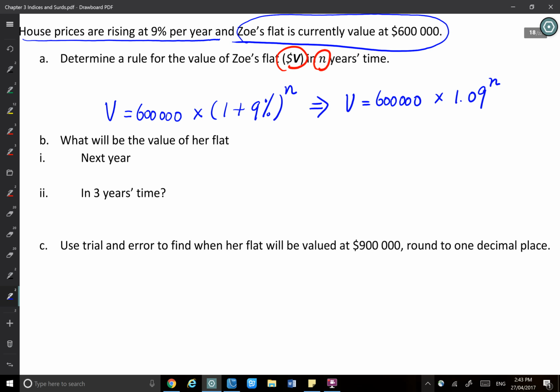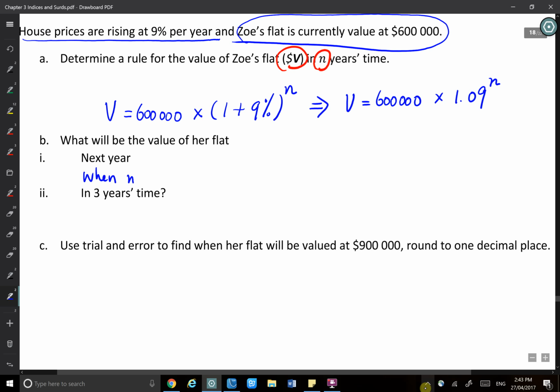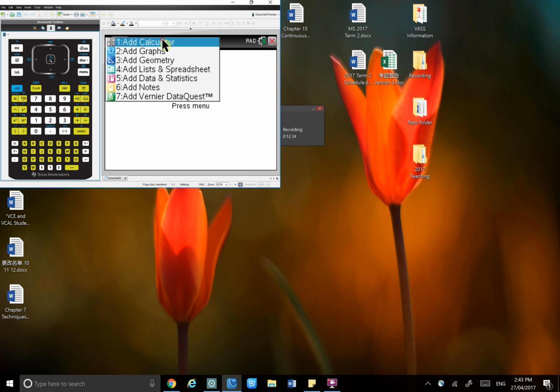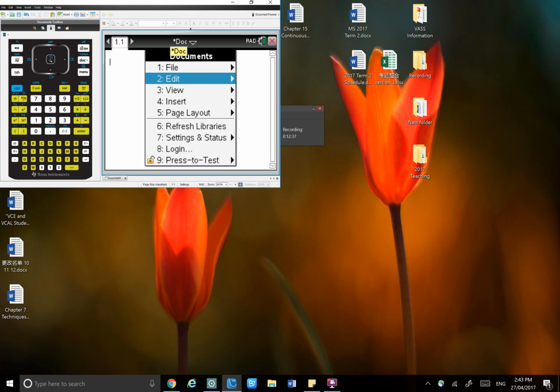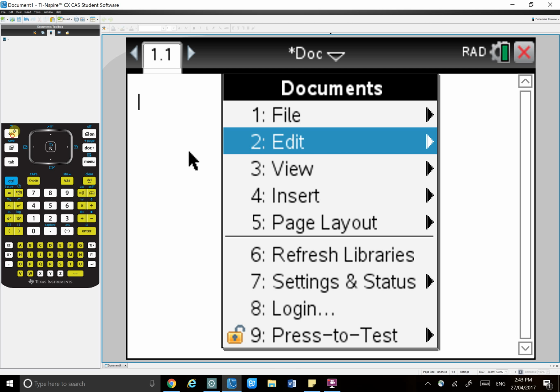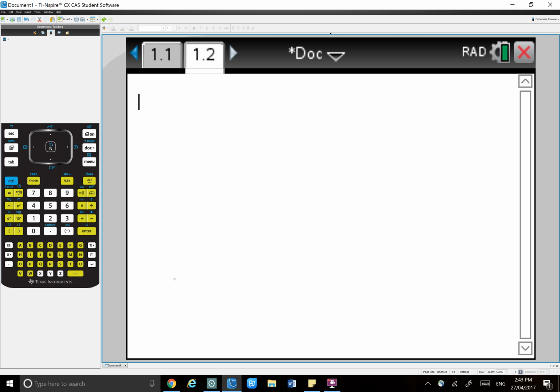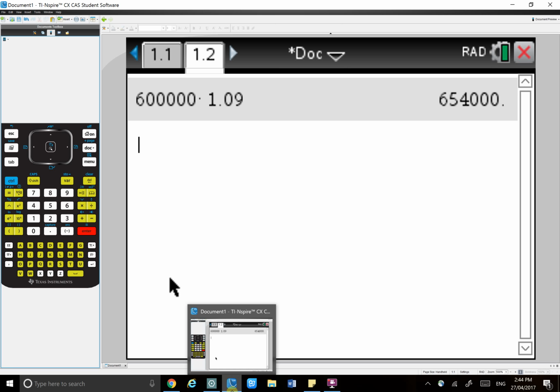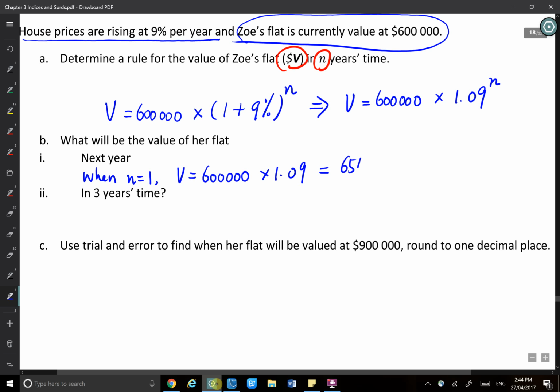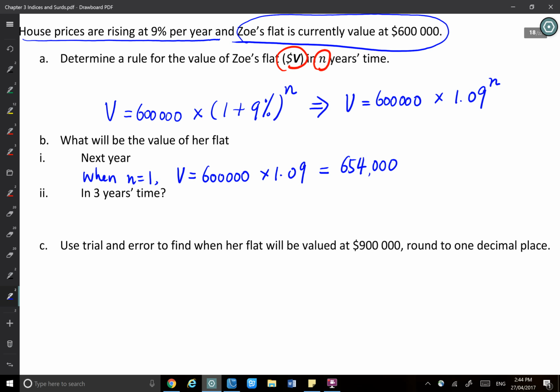So when n equals 1, V equals 600,000 times 1.09, which equals 654,000.